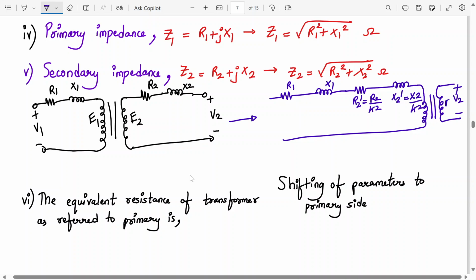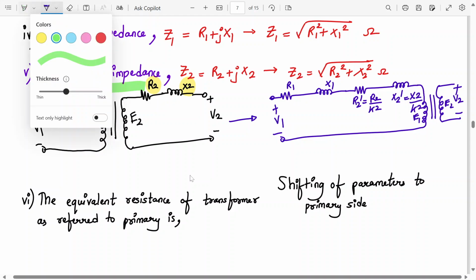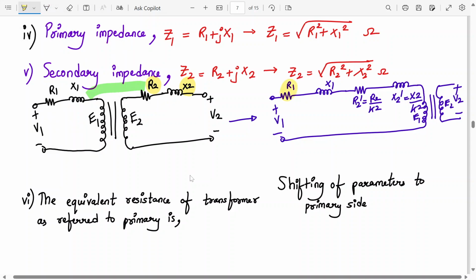This is V2, E2, E1, and here it is V1. So this is what you mean by shifting of parameters. We have shifted the parameters to the primary side. Basically we have shifted R2 and X2 to the other side like this. So now it became R1, X1, R2 dash, X2 dash. Okay, all together, we have shifted all the parameters to the primary side.